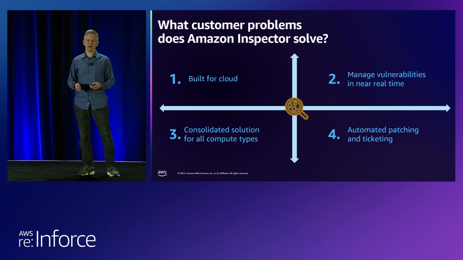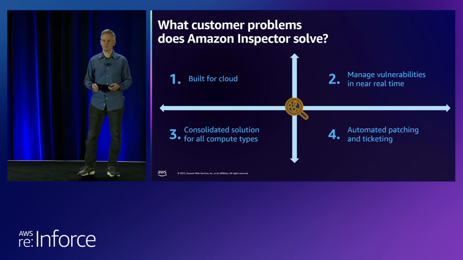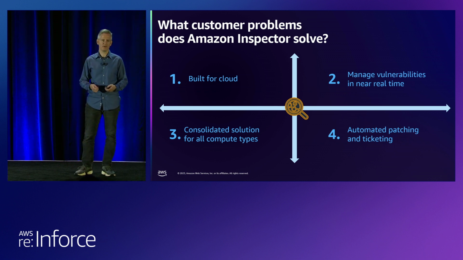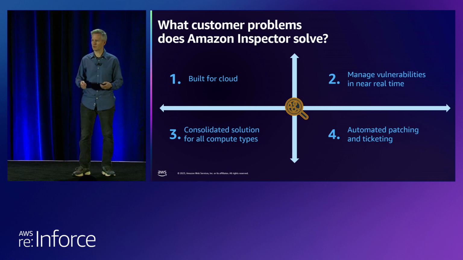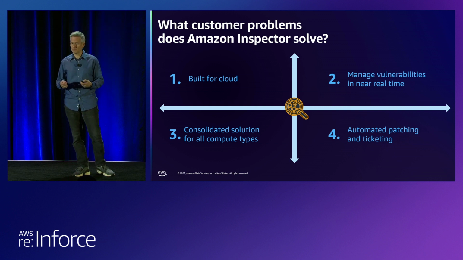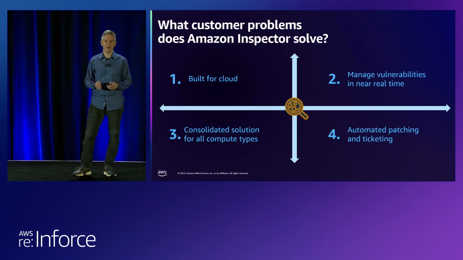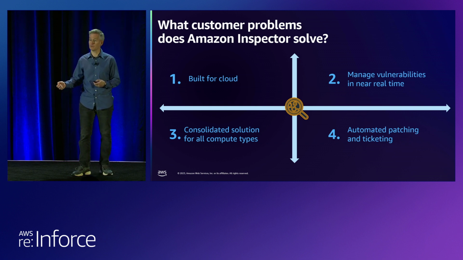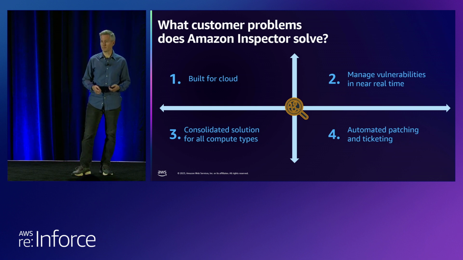And what we know about the cloud is it's very flexible, very fast. As a user, you can very easily spin up resources, terminate resources, scale at will. I mean, that's part of the value of the cloud. And the challenge with vulnerability management is if you're only periodically scanning, how do you capture those resources? How do you know what happens in your environment when you're not looking?